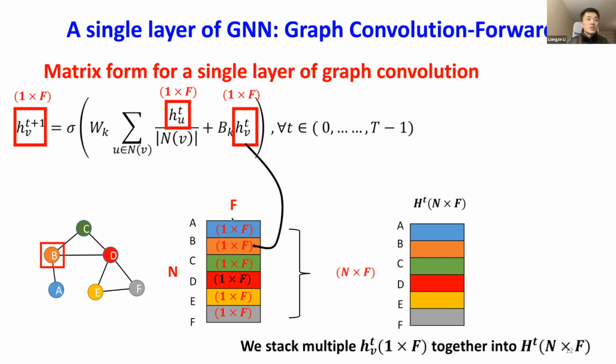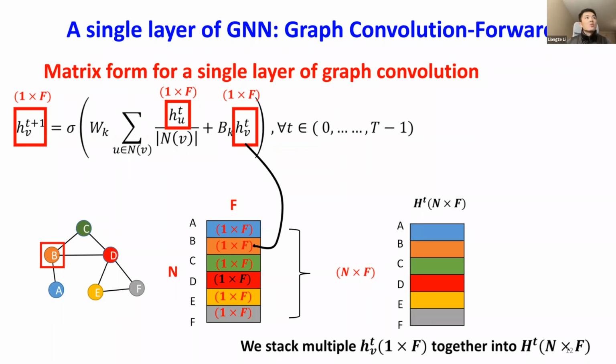So in this matrix, you have n nodes, so A, B, C, D, E, F. Since we have 6 nodes in the graph, this matrix is 6 times f. Each row represents 1 node, and each row contains f columns because each node is a 1 times f row vector that contains f numbers. Okay, so this is how the H matrix is defined. It defines the entire feature representation of all nodes in the graph.